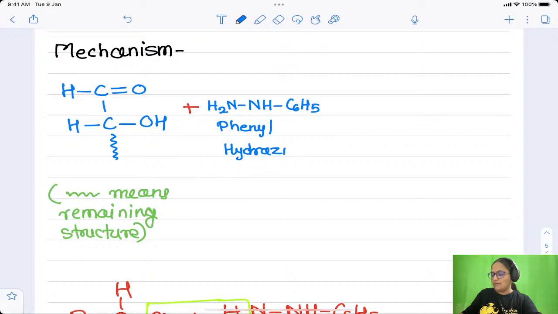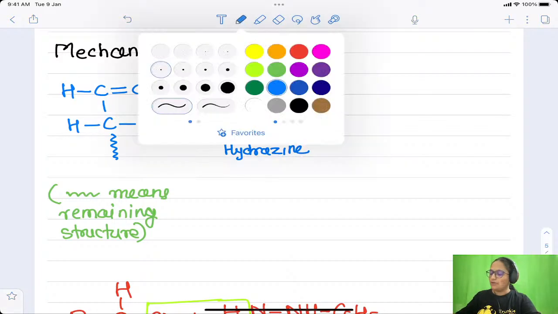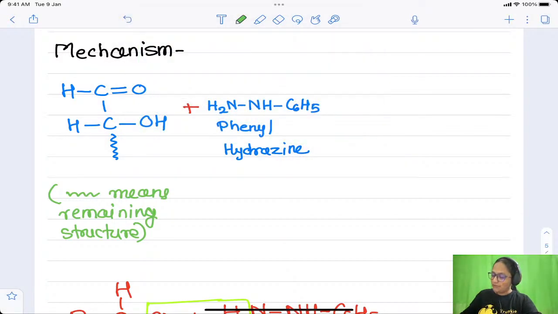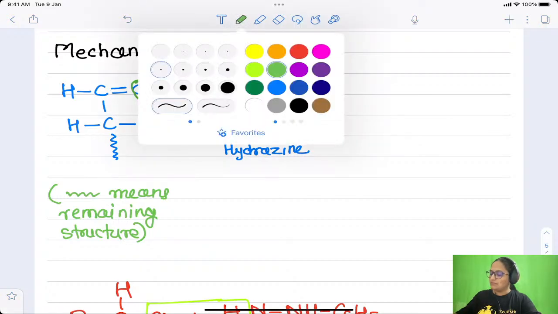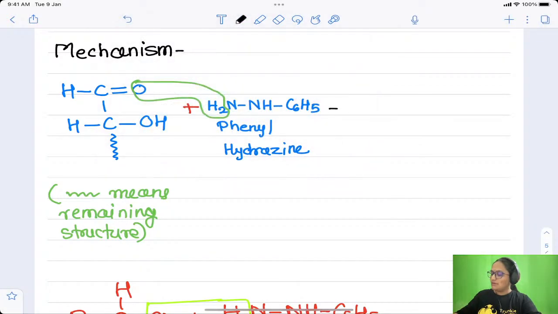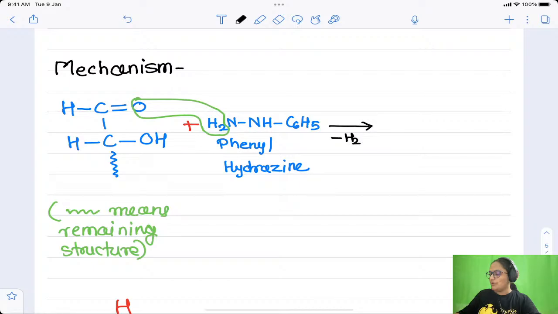Addition reaction will take place, there is a loss of water molecule, so I will write down here minus H2O. Dehydration takes place, minus H2O stands for water molecule is lost.